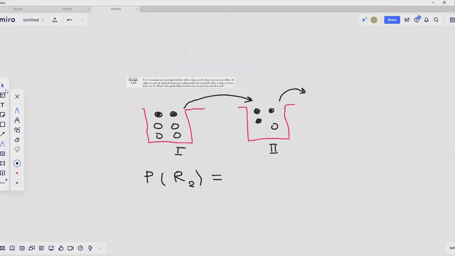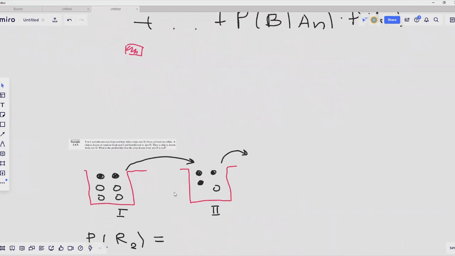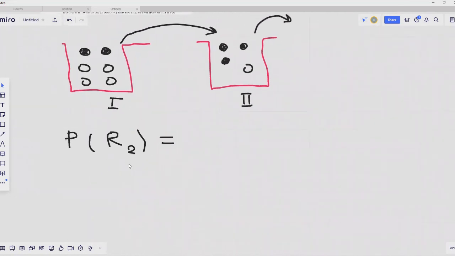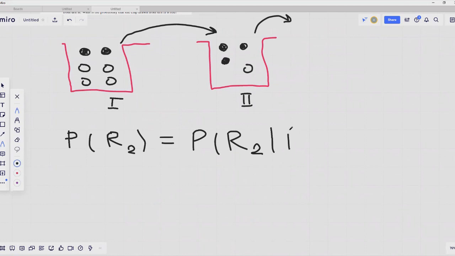Using our freshly studied theorem here, we can express the unconditional probability of a red chip on the second draw as the probability of red on the second draw, given that we got red on the first draw, multiplied by the probability of red on the first draw.